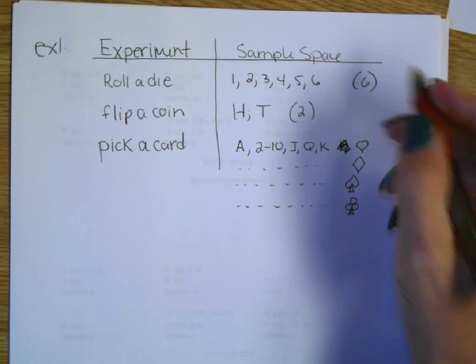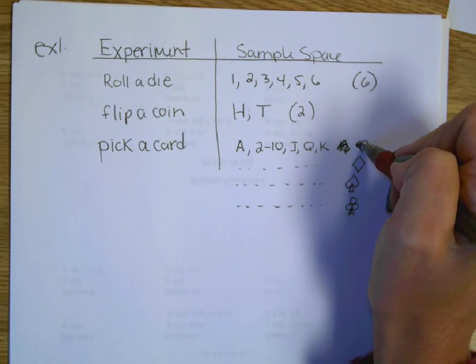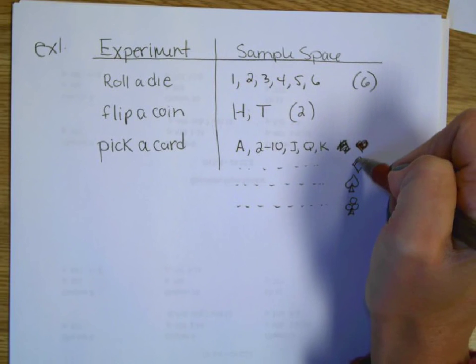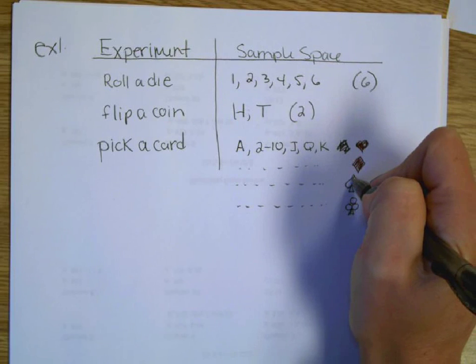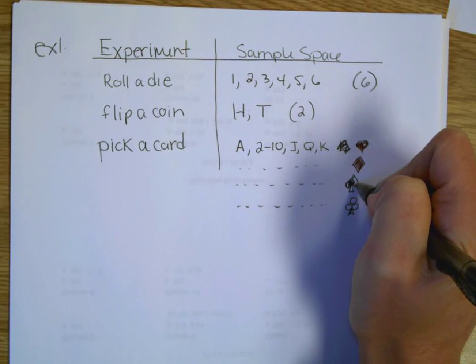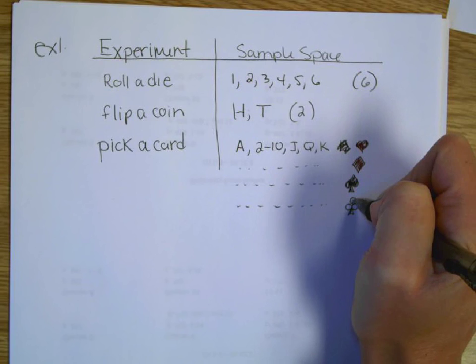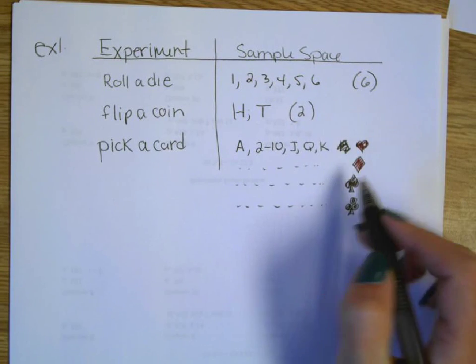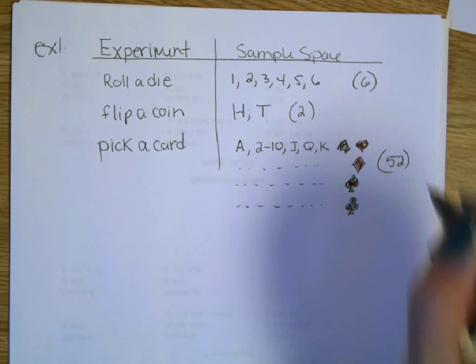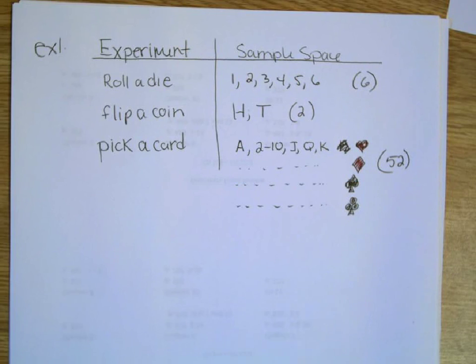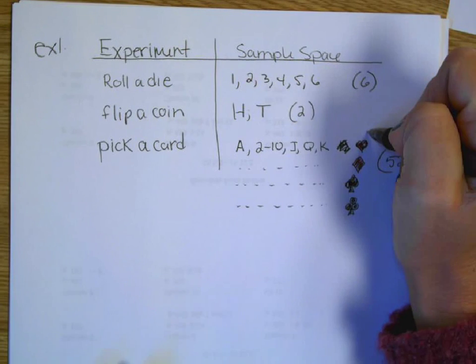These two are both red, the hearts and the diamonds. The spades and clubs are black. So half the deck is black, half the deck is red. There are 13 of each suit, so there are a total of 52 cards. So I didn't want to list quite all of them, but 13 of each.